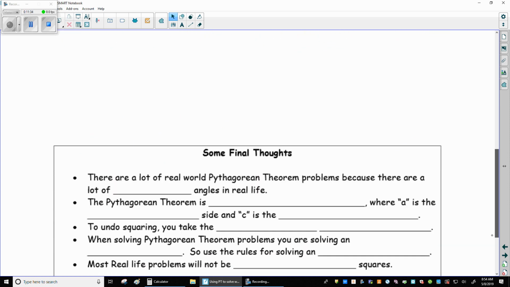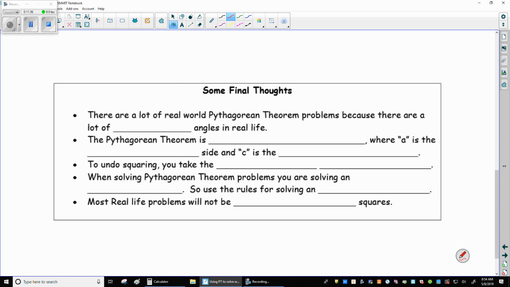Alright, so I have some final thoughts, and then we're done. There are a bunch of real-world Pythagorean theorem problems because there's a lot of right angles, or 90-degree angles in real life, all the time with the building. Pythagorean theorem is a squared plus b squared is c squared, where a is the small side, and c is the big side.